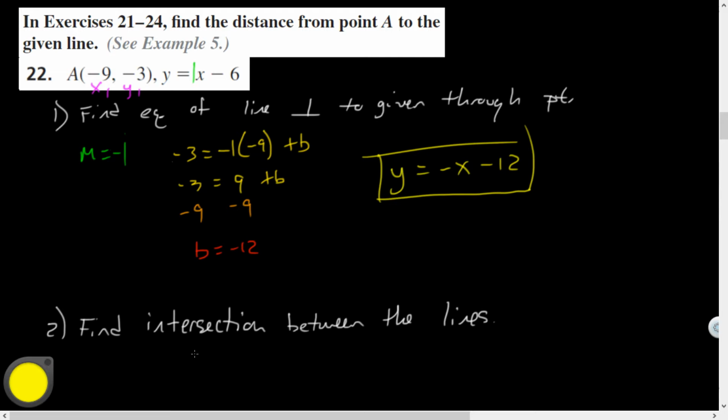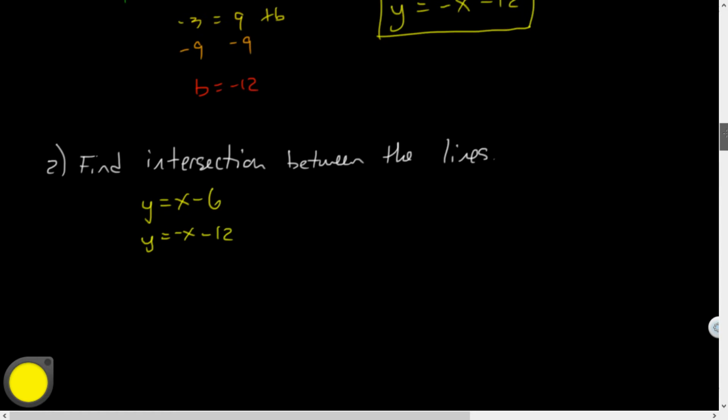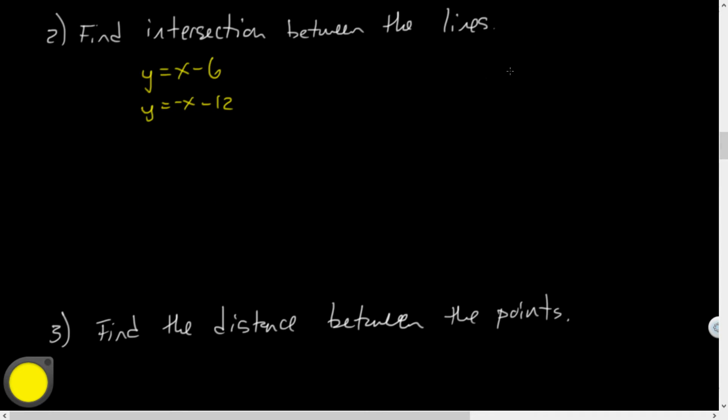So now I want to find the intersection between those two lines. So I've got y equals x minus 6 and y equals negative x minus 12. To find the intersection, we will use substitution perhaps. Check this out. If this is equal to y, that's what it's claiming, then I can exchange it for y at any point during this problem.